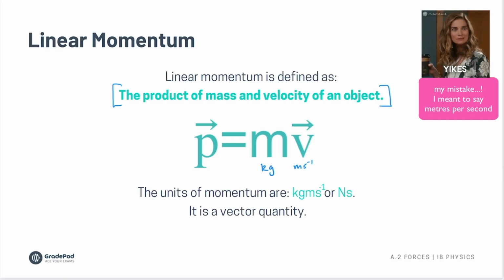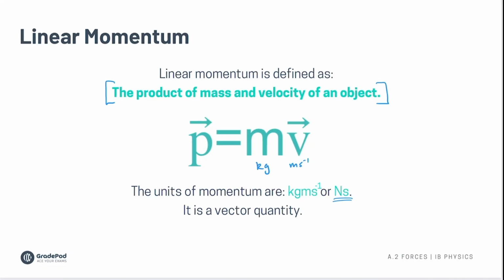But there's also the opportunity to use Newton seconds. Why can we use Newton seconds? Well, let's consider the formula for force, which we know of course has units of newtons. The formula is ma. So the units of newtons can also be written as kilograms meters per second squared. And these are all SI units, they're all fundamental units.